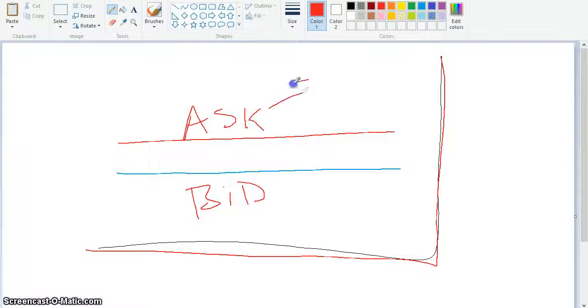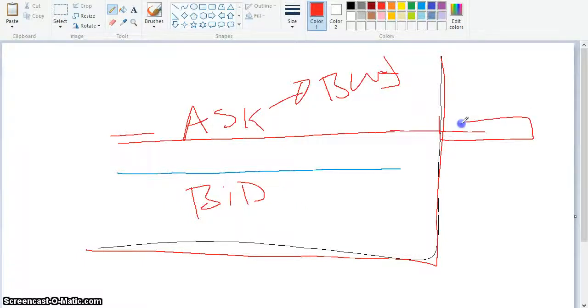An ask price is a buying price. If you want to buy something, they will be selling to you at this price that corresponds with the ask price. And a bid price is a selling price. If you are selling something, they will be buying it from you at this price.